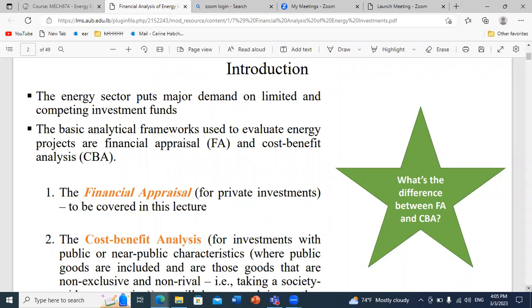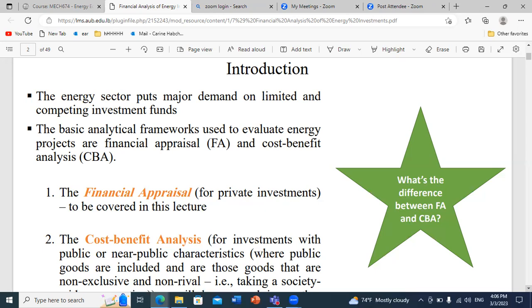And because we have limited sources of funding and investment, that's why we are trying to study energy projects in a very accurate way, because they are a little bit critical on the economical level, and we'll discuss in this lecture why.